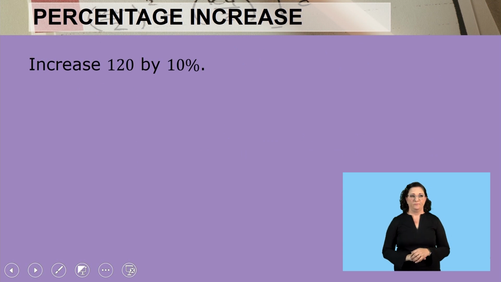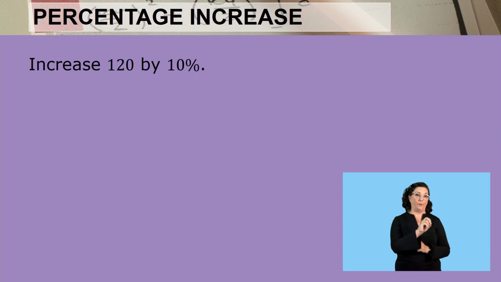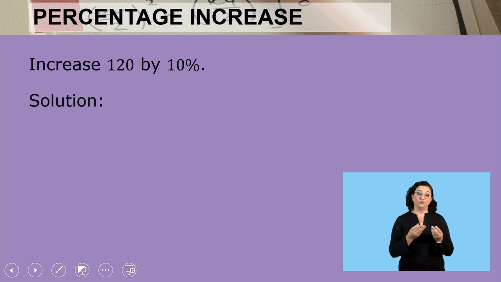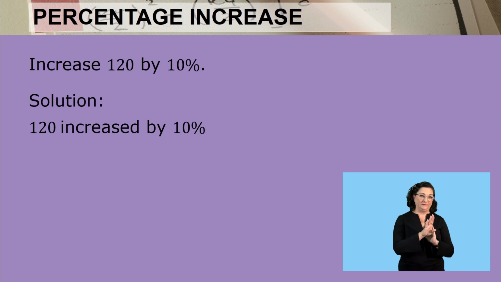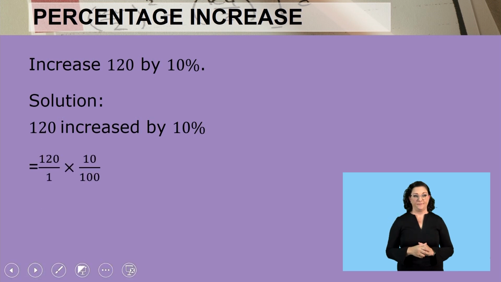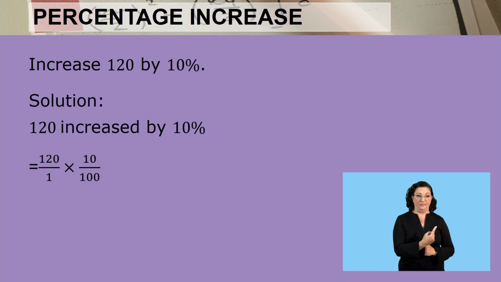Now, first example, we're going to increase 120 by 10%. Let's look at this solution. We're increasing 120 by 10%. We said 120 over 1 because we want to find the percentage.